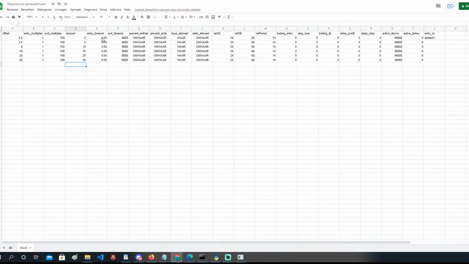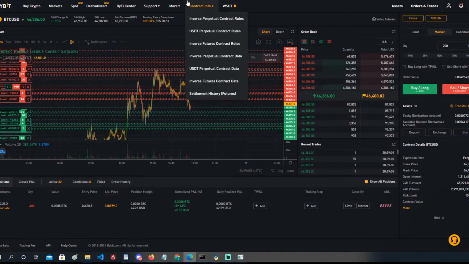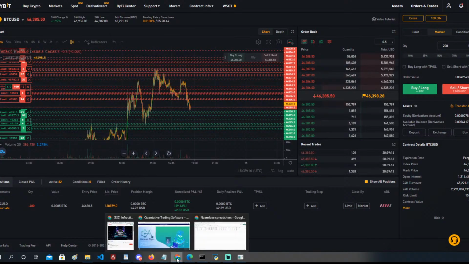Entry timeouts are basically after how many seconds this agent has to check whether it's still half a dollar away from the price. Because if the price moves up, then we're no longer first in line. So after how many seconds do we want to recheck and go back to our spot as first in line?